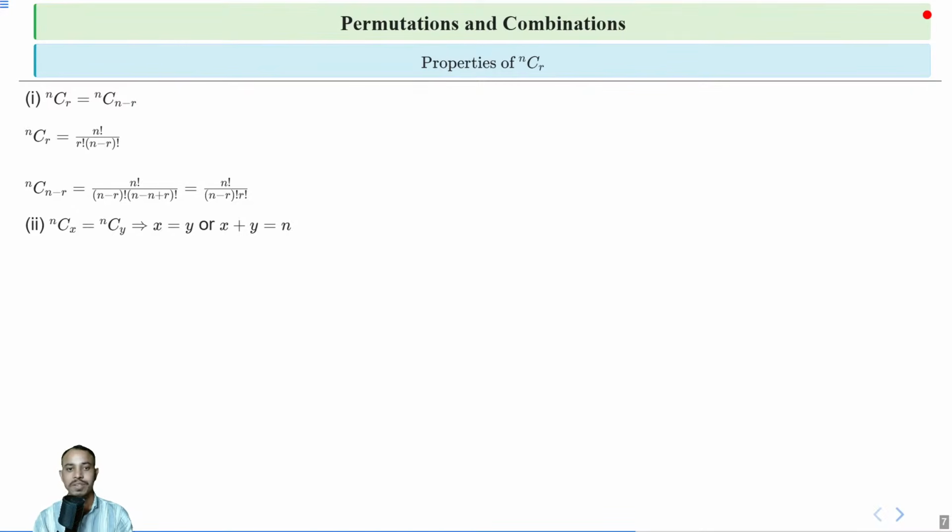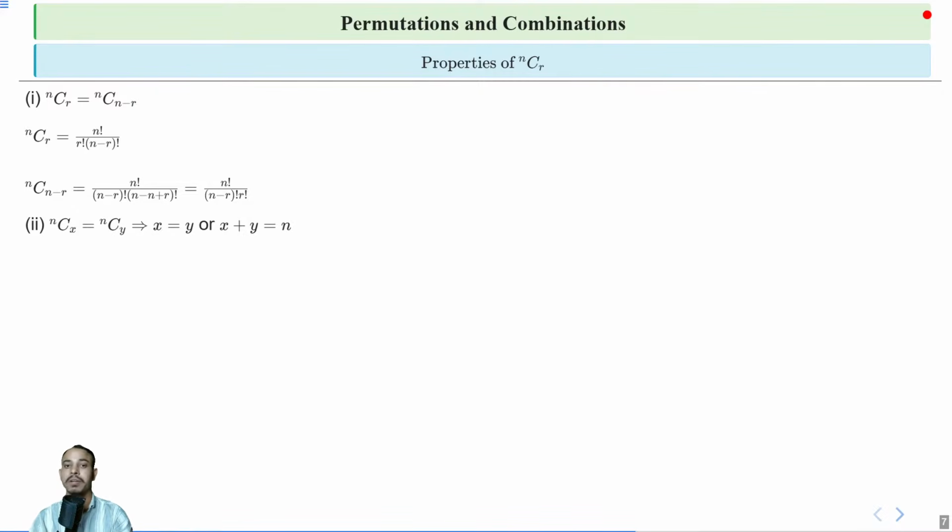So you can count 6C2. 6C2 equals factorial 6 divided by factorial 2 times factorial 6 minus 2, and 6C4 equals factorial 6 divided by factorial 4 times factorial 6 minus 4. Both are equal, so you can say 6C2 and 6C4 are equal.